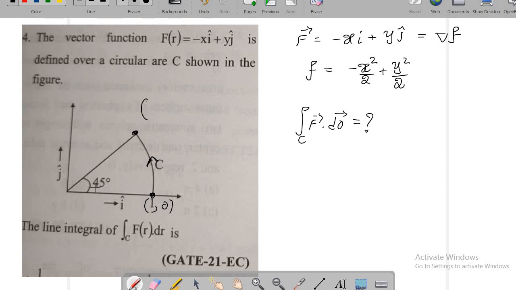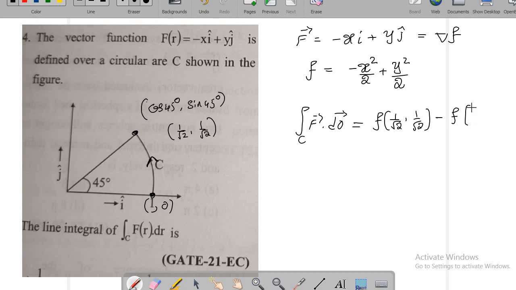When it makes an angle of 45 degrees, what is this point? This point is cos of 45 degrees, sine of 45 degrees. And we know their values, that is 1 by root 2 and 1 by root 2. So therefore the starting point is 1, 0 and the ending point is 1 by root 2 and 1 by root 2. Therefore, this is equal to f of the ending point, that is 1 by root 2 comma 1 by root 2, minus f of the starting point, that is 1 comma 0.